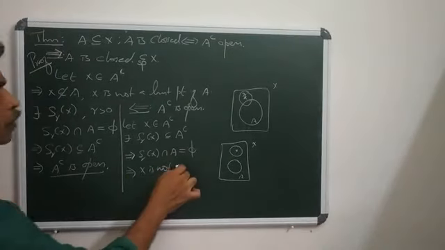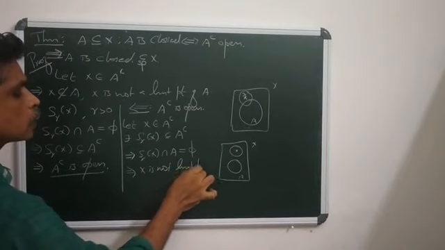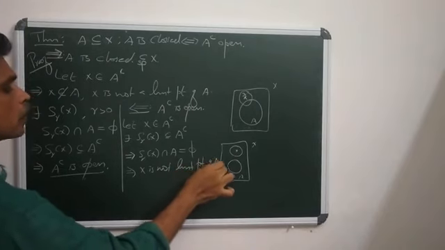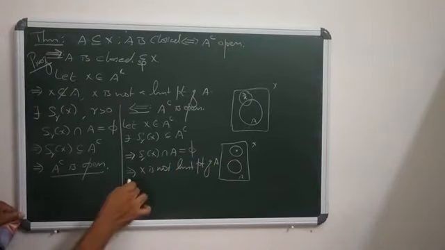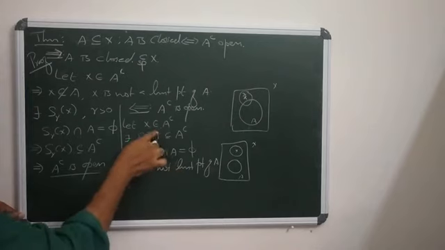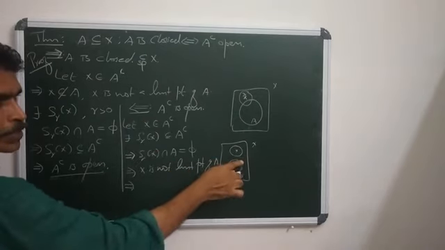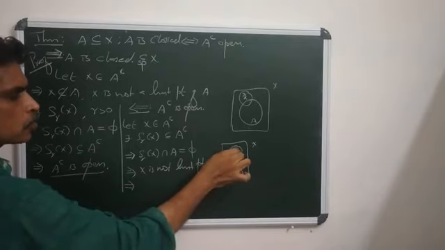Okay, that means X is not a limit point of A, where X is in A complement. This is A and X is chosen from here.